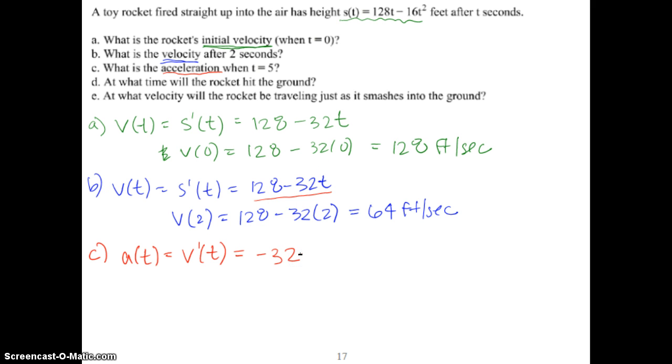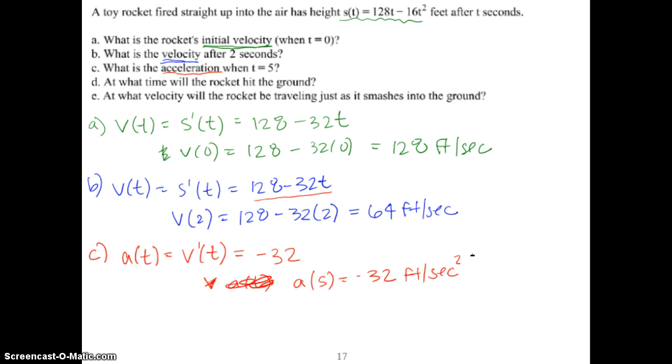So the acceleration at any point in time, since there's no variable here, A of 5 is just going to be negative 32 feet per second squared.